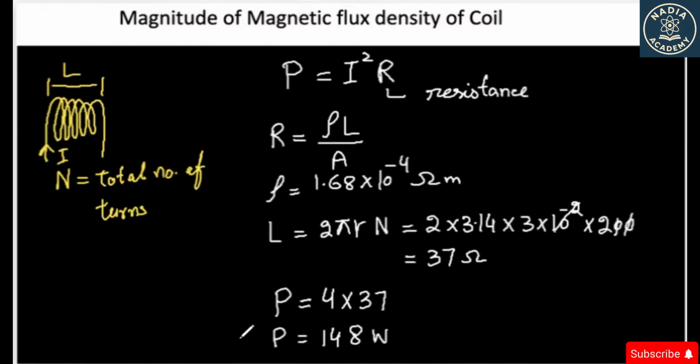Now you can see that your coil with 200 turns within half a centimeter, when you give a current of 2 amperes, will dissipate heat equivalent to 148 watts, meaning every second you are dissipating 148 joules of energy.